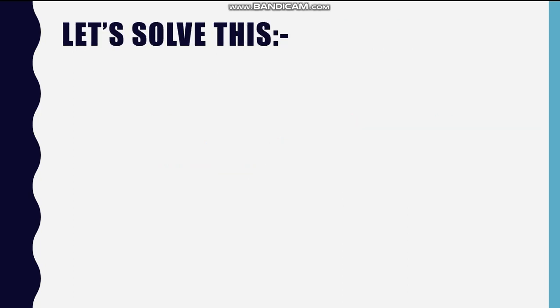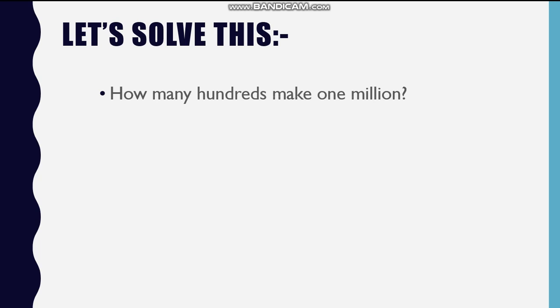Let's solve this. How many hundreds make 1 million? First of all, tell me, in 1 million how many zeros are there? In 1 million you can see 1 with 6 zeros. First is 1, tens, 100, 1000, 10,000, 100,000, then million. So 1 million is equal to 1 and 6 zeros.